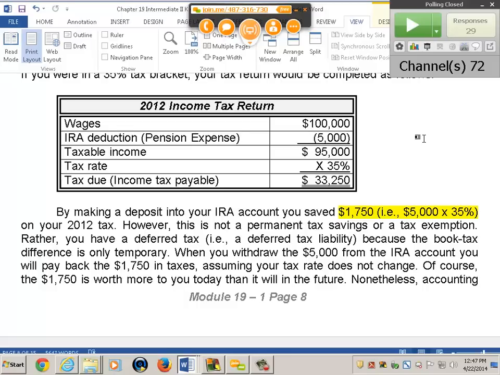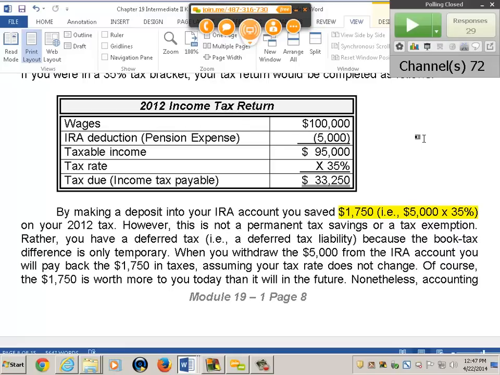So that means that your tax expense is the sum of the current provision plus the deferred provision. The current provision is your change in the tax payable, $33,250. The deferred provision is $1,750, and the tax expense would be $35,000. It's the sum of the two.